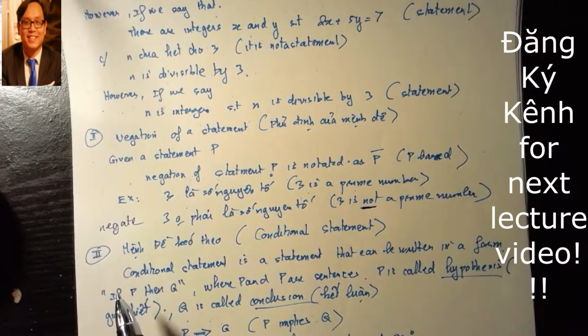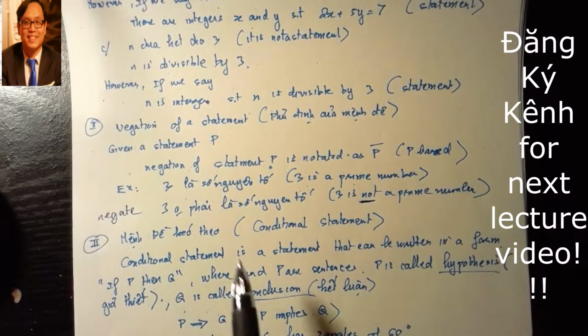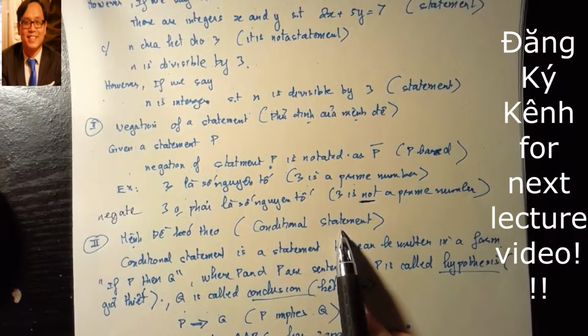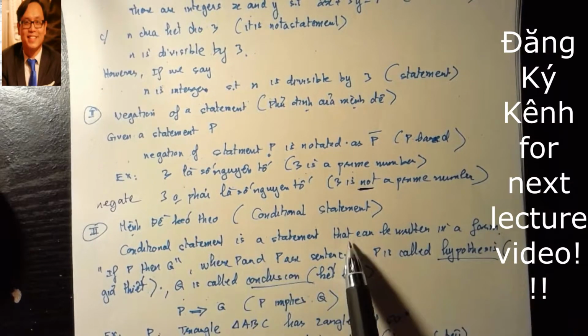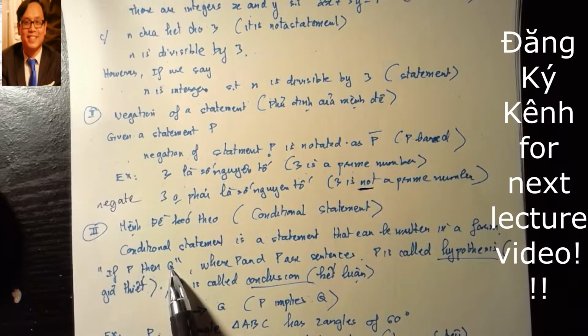Then one of the very important statements, một trong các mệnh đề rất quan trọng mà chúng ta dùng thường xuyên trong các bài toán chứng minh, nó gọi là mệnh đề kéo theo. Ok, conditional statement, mệnh đề kéo theo dịch là conditional statement. And a conditional statement is a statement that can be written in the form if p then q.